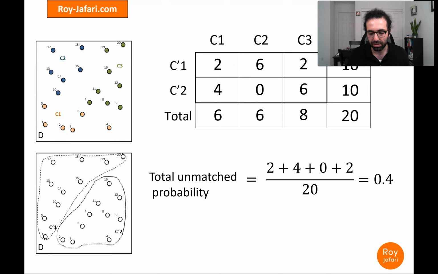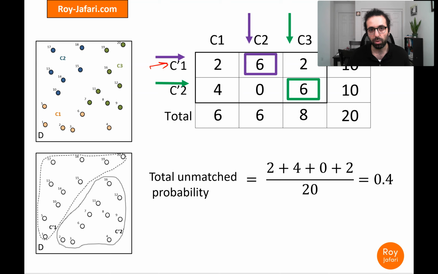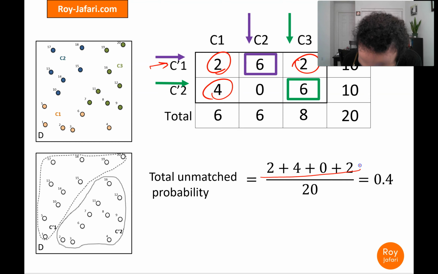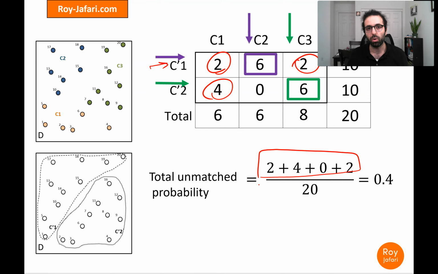What's the best match for C'1? Of course it is this one, 6, and what's the best match for C'2 is this one. So we calculate the unmatched probability, which are these guys. These are the unmatched probabilities, and we've got 0.4 as the unmatched probability, which tells us the sort of dissimilarity between these two clusterings.